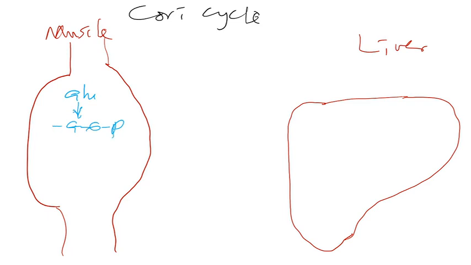The glucose 6-phosphate can be converted in the muscle to glycogen if there is no need for energy. If there is need for energy, then it goes through the glycolytic pathway to produce pyruvate. The pyruvate, because of anaerobic conditions in the muscles, then produces lactate.